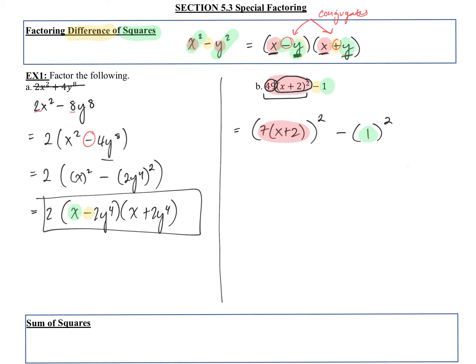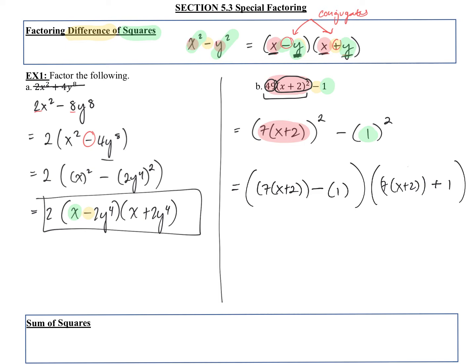Let's go ahead and do that. So the first term is that huge 7 times x plus 2, and then we'll go ahead and do the minus and our last term. So that's the first binomial, the minus, and then we'll do the next one, 7 times x plus 2, and then finally we have the plus 1.